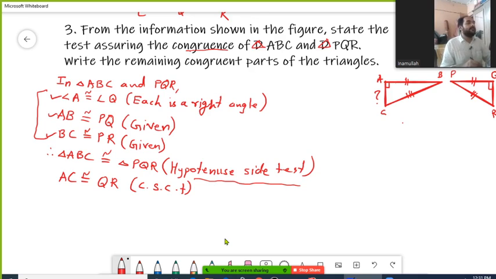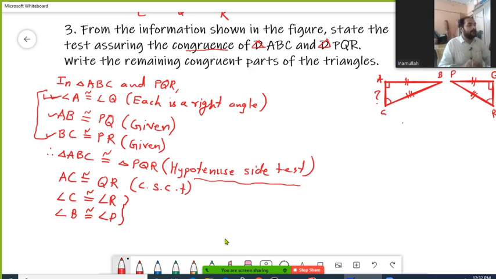Same way, here we mention one pair of corresponding angles, that is A and Q. If these two triangles are congruent, then C and R will also be congruent. So here I can say angle C is congruent with angle R, and angle B is congruent with angle P.